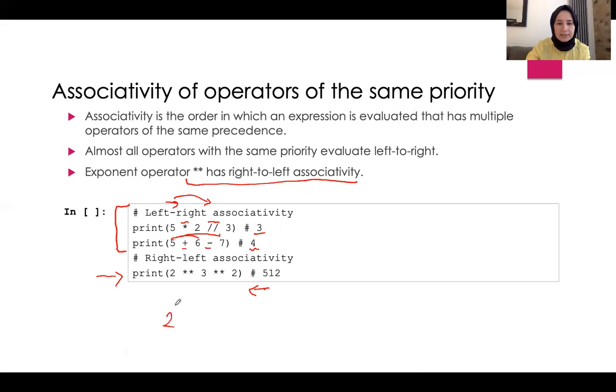So with two exponent operators, 2 exponent 3 is 9, therefore this will be something like that, and then you calculate this, and the result will be 512. When you run this piece of code, those are the results you will get. So this is something you need to know, the associativity of operators of the same priority.